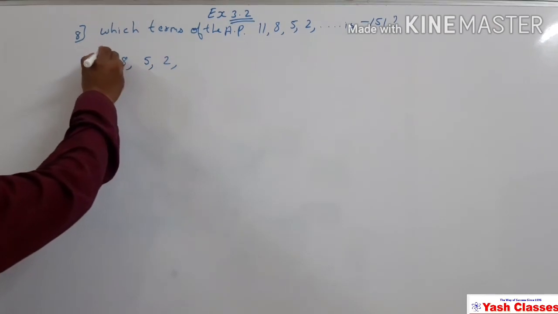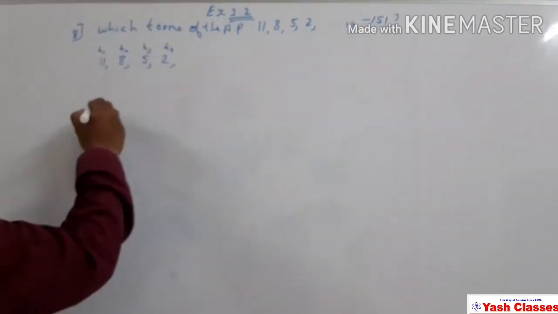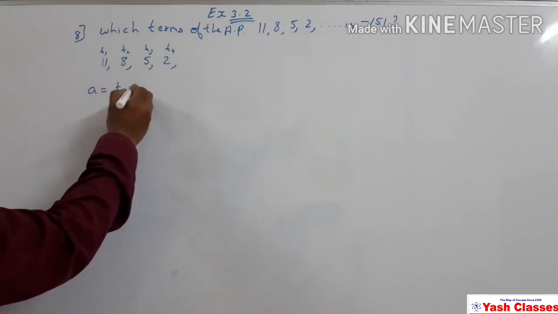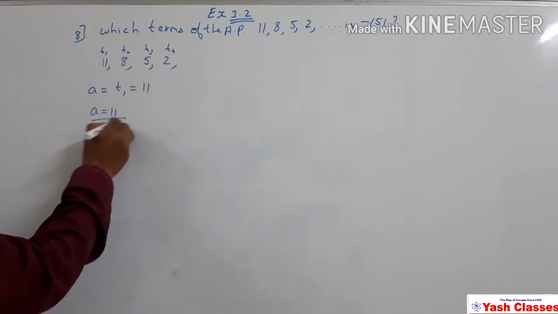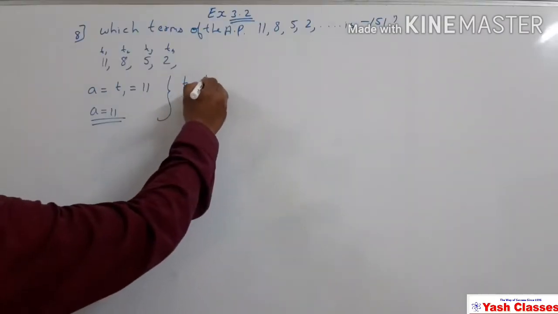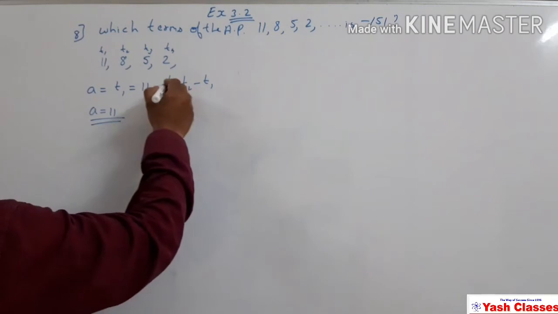Now your first terms are 11, 8, 5, 2. See here, this is T1, T2, T3 and T4. A is equal to T1, which is equal to 11. The first number means A is equal to 11. Now we have to find the difference. D is equal to T2 minus T1.